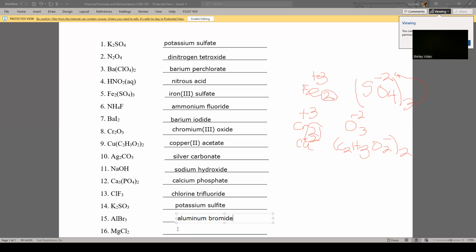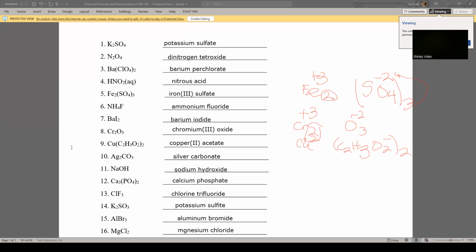Bromide. And magnesium. Again, single element, chloride. See, these are super easy when they're not the ones that have multiple valences so that you have to figure out the compound math. They're easy then. All right, so let's do the last few and we'll be done.